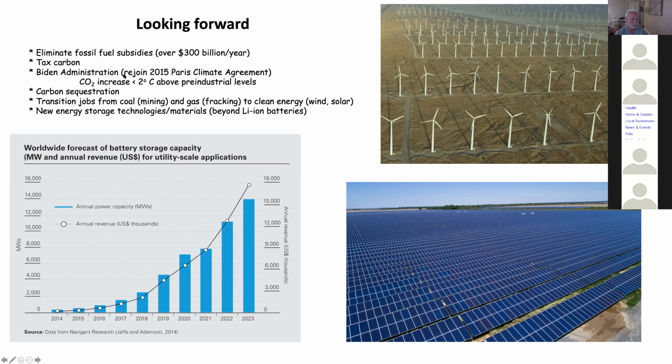Now we have a new administration coming in, the Biden administration, in January. One of the things they've said on day one is that they're going to rejoin the 2015 Paris Climate Agreement. As I indicated earlier, one of the goals in that agreement is to keep the CO2 increase low enough that the global temperature will not rise more than 2 degrees centigrade above pre-industrial levels.